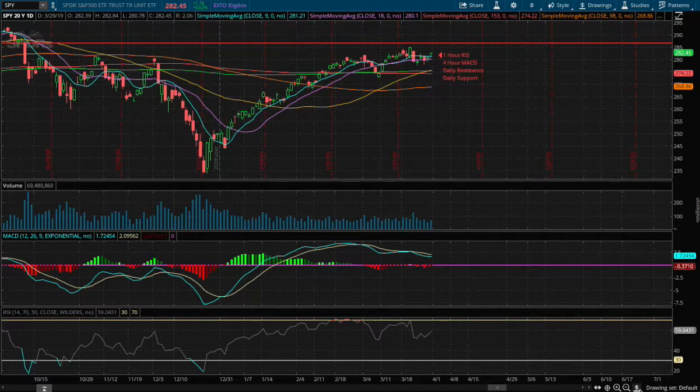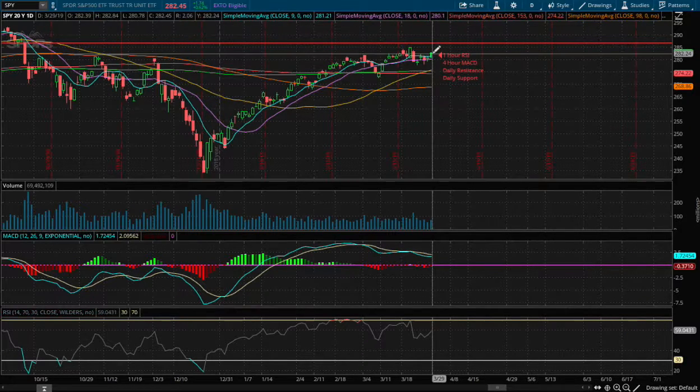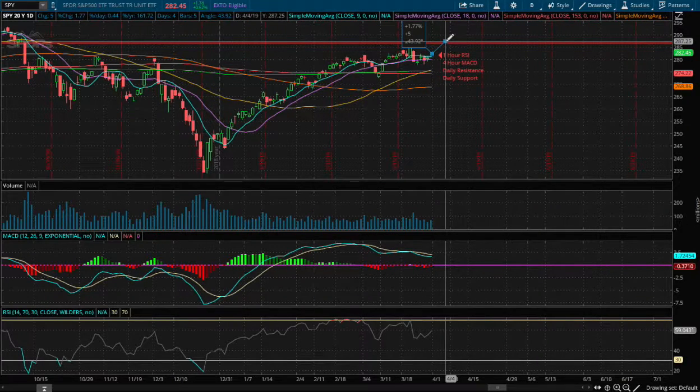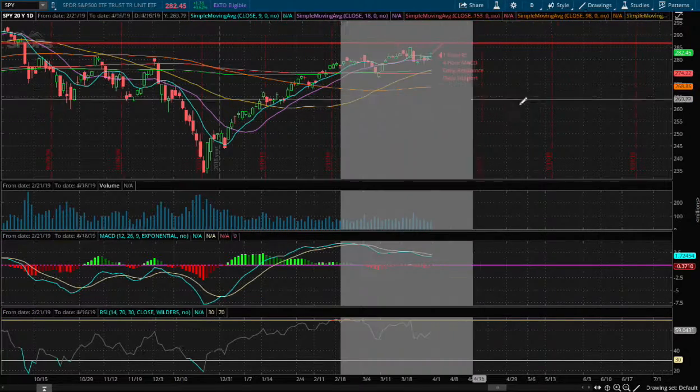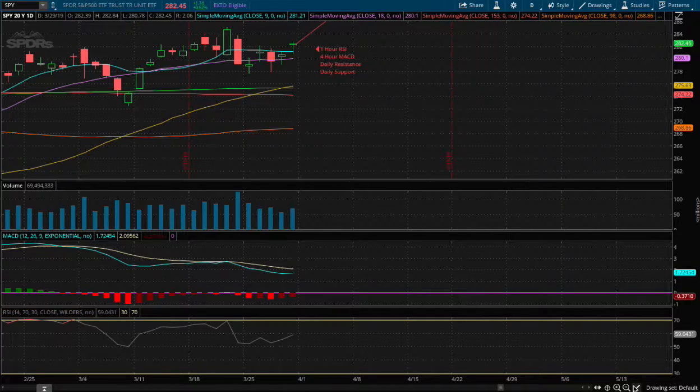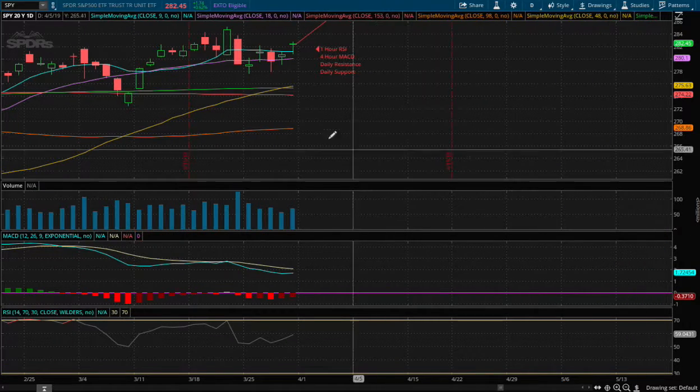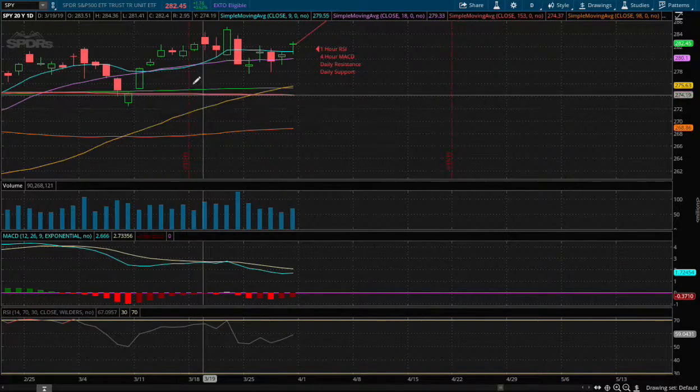That movement will be approximately a move of 1.7% up, and the price support will be the 50-day moving average.